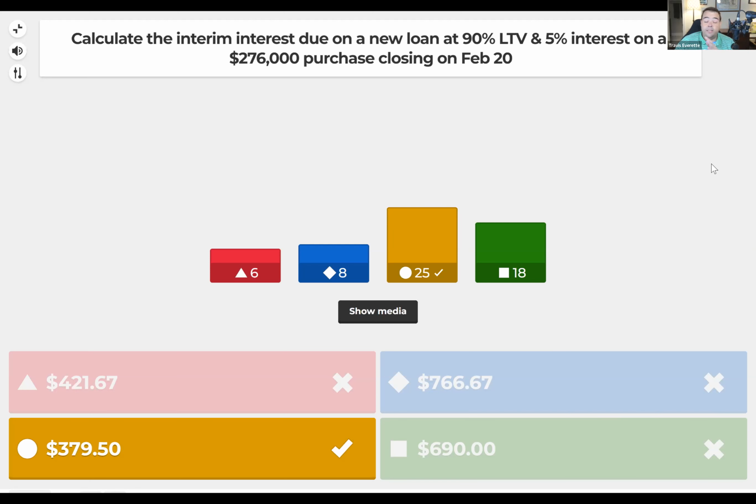What I will say is this: purchase prices are always fluff on finance questions. Anything that deals with a loan, purchase price is fluff. You might need it to get to the number you need, but what's the number you need on a loan question? You need the loan amount. So purchase price is always fluff on a loan question, but that's about the only general rule of thumb I can give you.